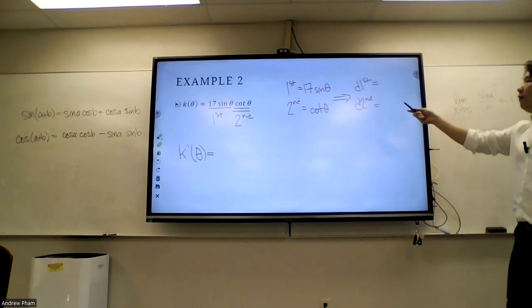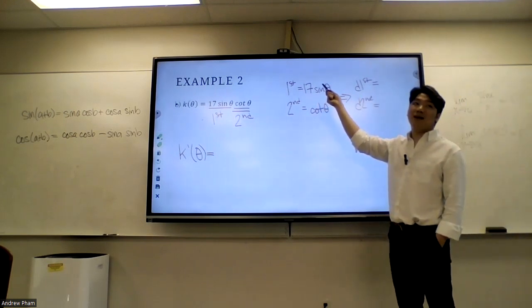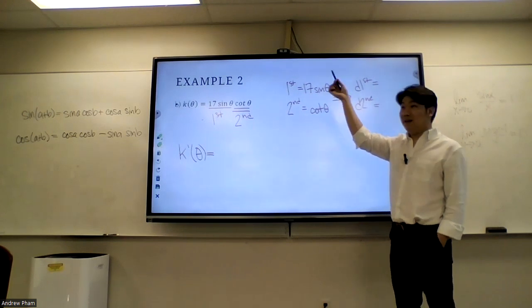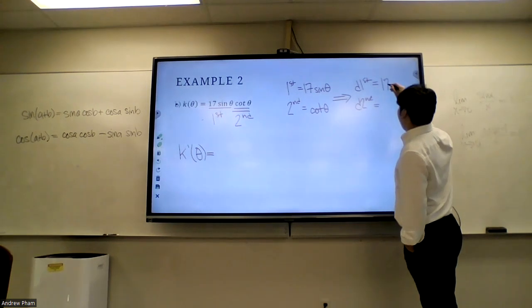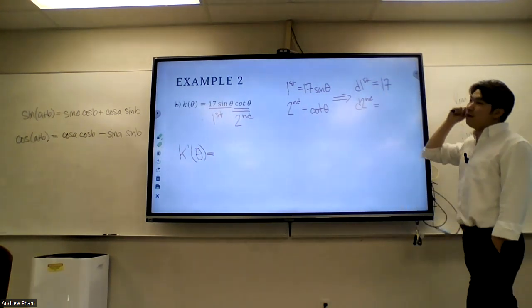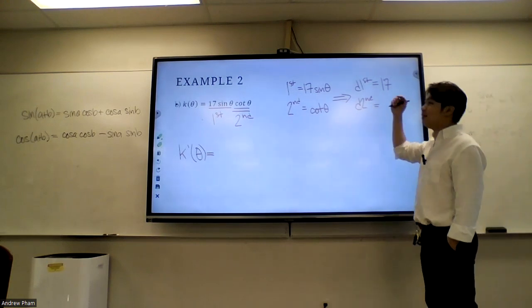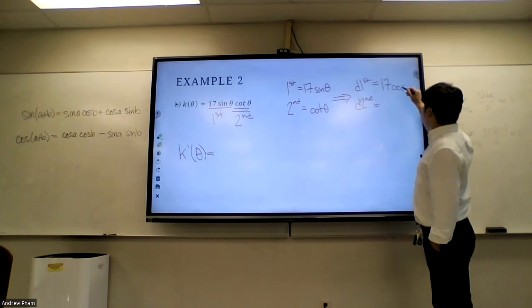Yeah, so first off, derivative of the first means I want the derivative of 17 sine of theta. First off, the 17 is going to stay. The derivative keeps my coefficient unless it gets multiplied later. And now I just need a derivative of sine, which we now know to be cosine of theta.